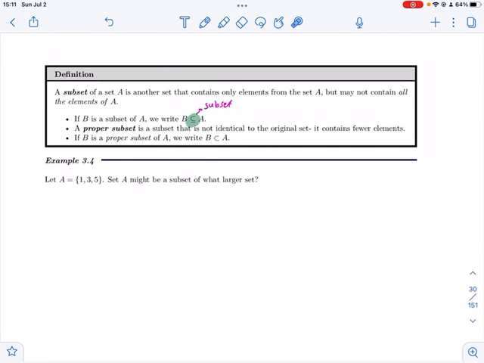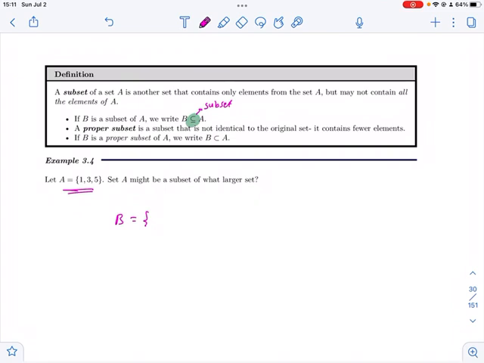Now, for example, the set A consists of the elements 1, 3, 5. A might be a subset of a larger set. For example, it might be a subset of the set 1, 2, 3, 4, and 5. As you can see, we have 1 here, we have 3, and we have 5.